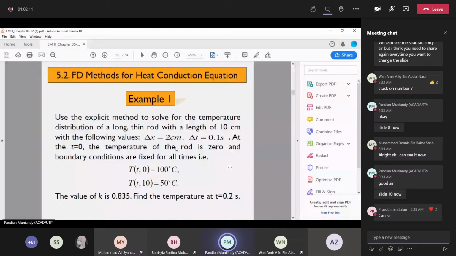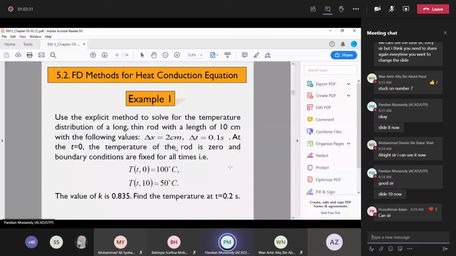Remember, initial condition and then boundary condition. So that's why we have a very lengthy problem statement. Example 1, don't worry, the solutions are available.